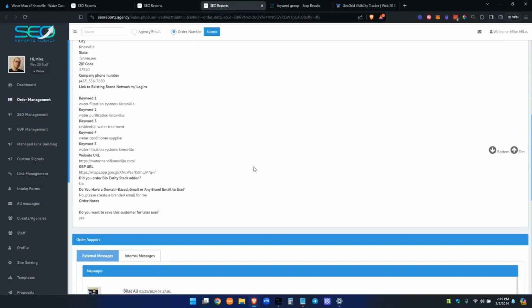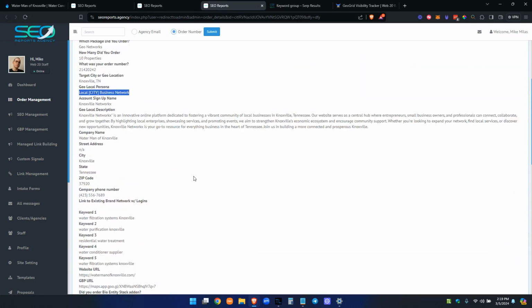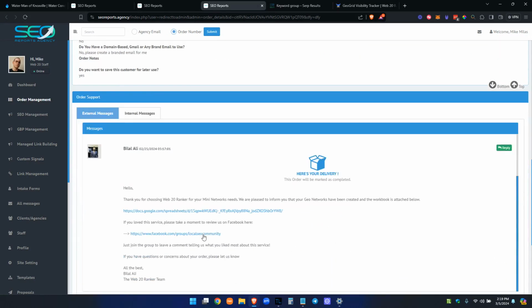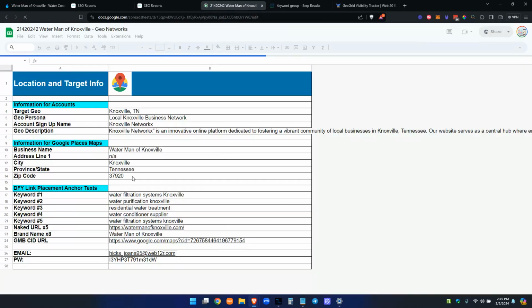We're not going to go through every one. Each one is set up fairly similar with map embeds, backlink references for the website, the GBP. We'll pull up one of the deliverables here and just take a look at one of the network sites of the Geo network.